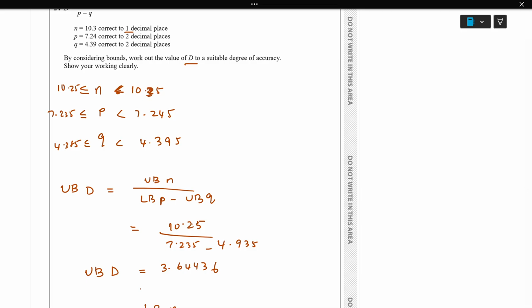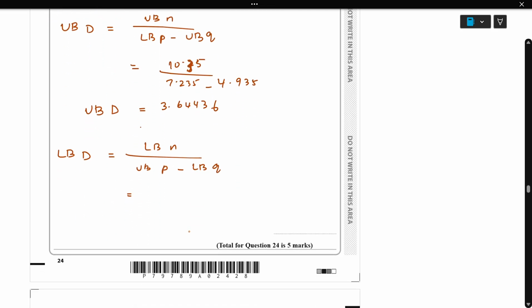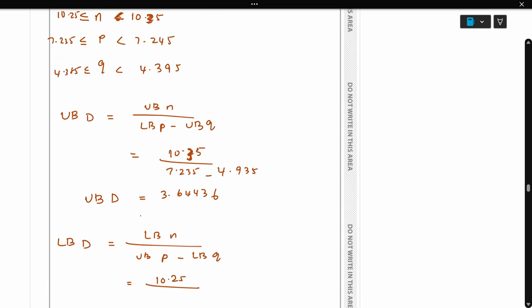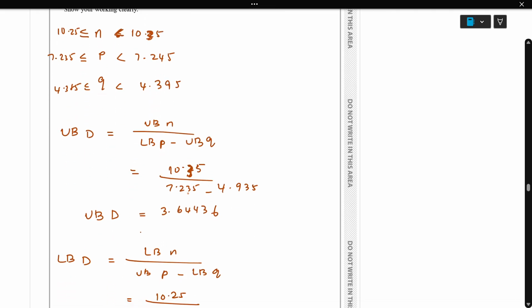Here should be 3. Okay, here the lower bound of n is 10.25 over upper bound of P, which is 7.245.